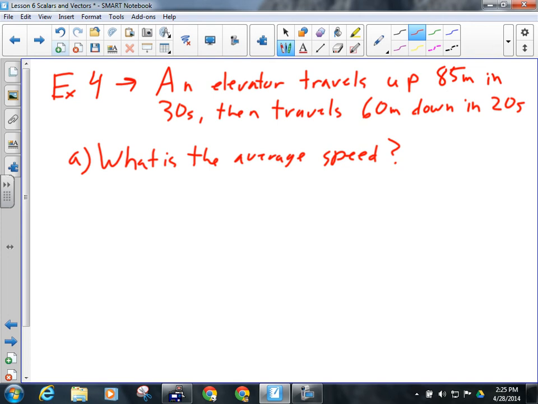On a question like this, there would be maybe an A and a B. The first part would be what's the average speed, and the second part would be what's the average velocity.